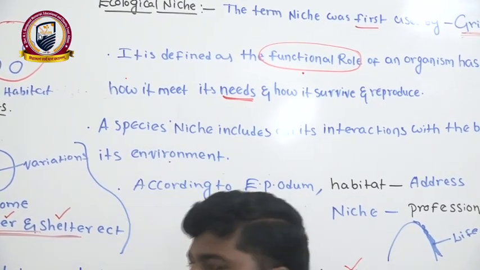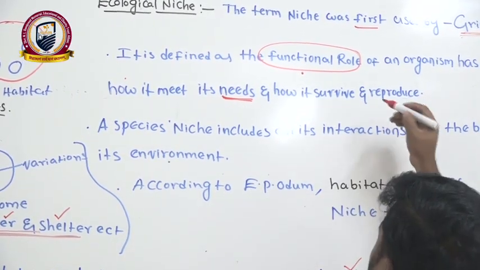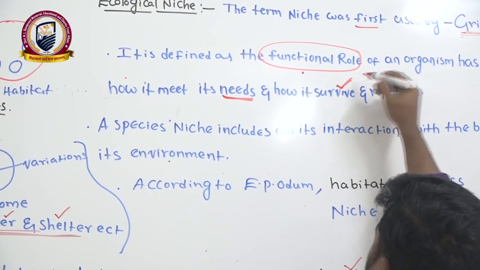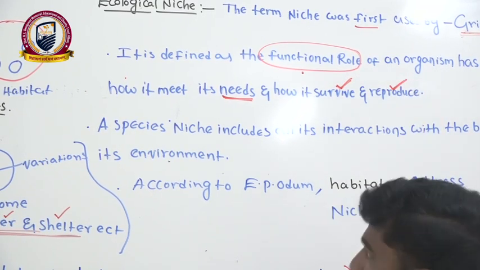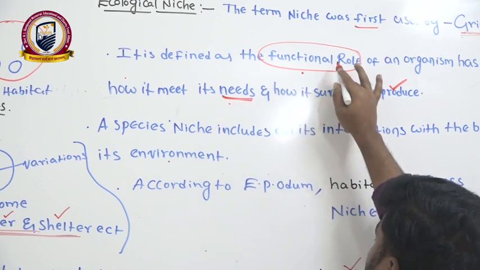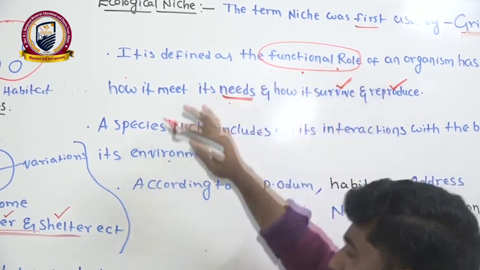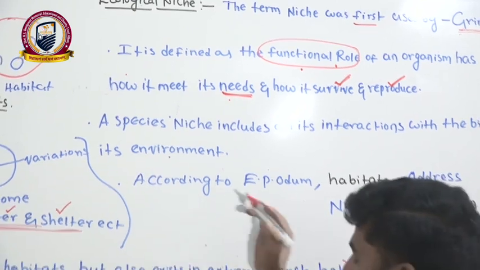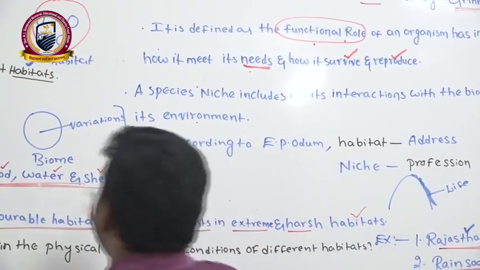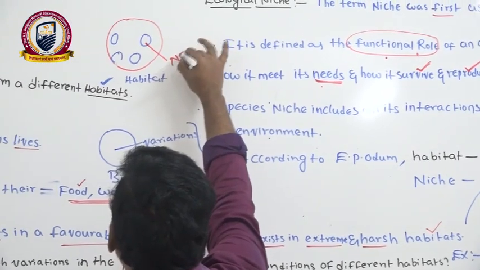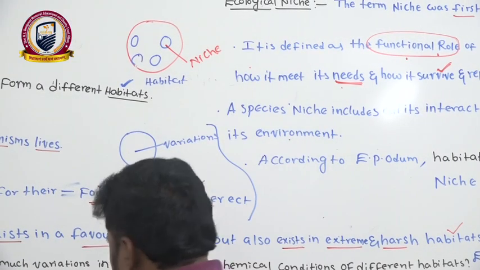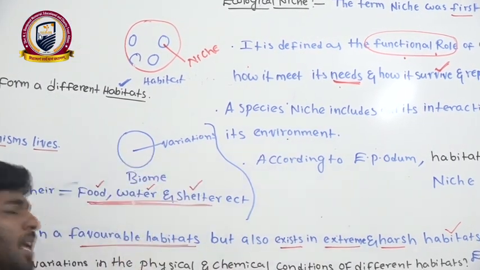Needs means food material, to survive and to undergo reproduction. For their needs, they are doing some work in the environment. That work is nothing but a niche.